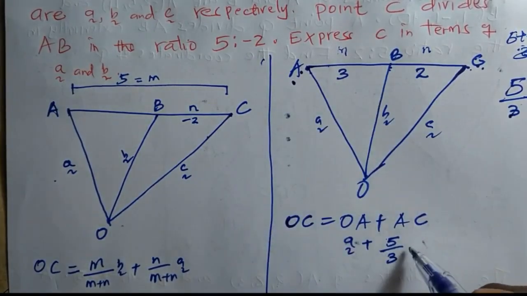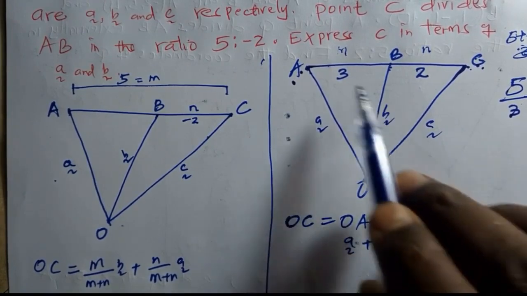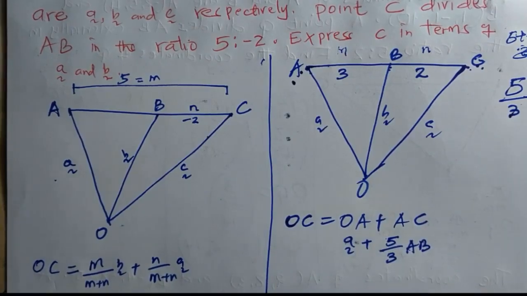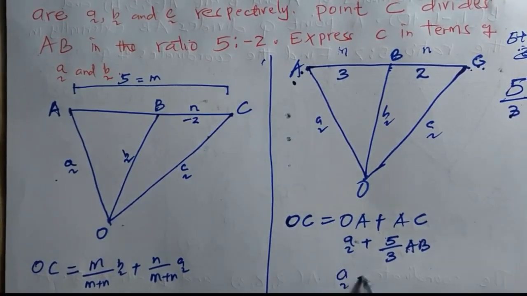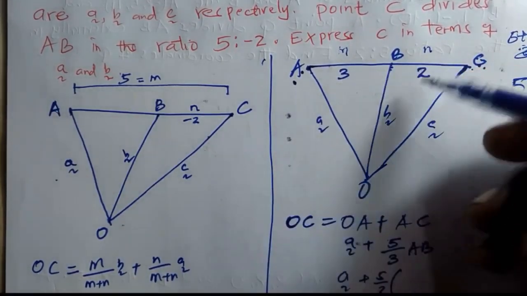So it means AC is 5 over 3 AB. So AC is 5 over 3 of this AB. Now A plus 5 over 3, you need to get AB. How do you get AB?